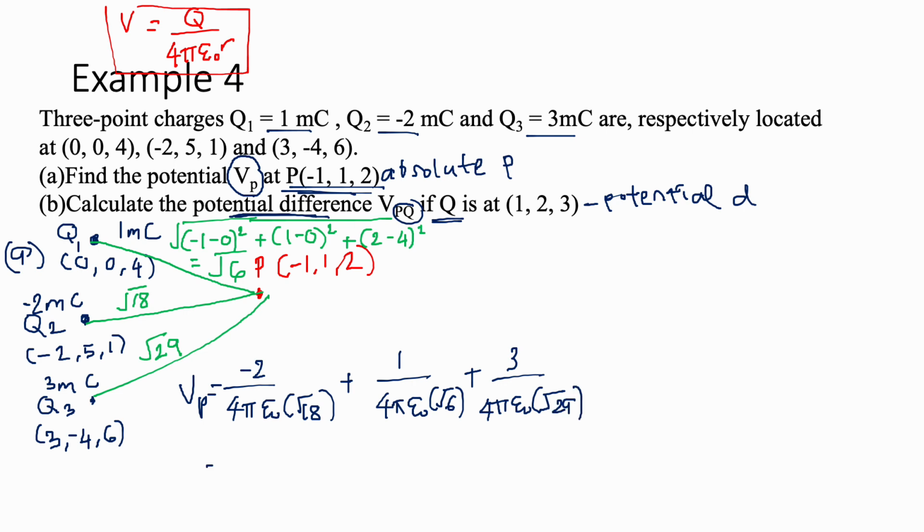So you add all together, you will get your answer in millivolt. Okay, so that is the value of potential at point P.